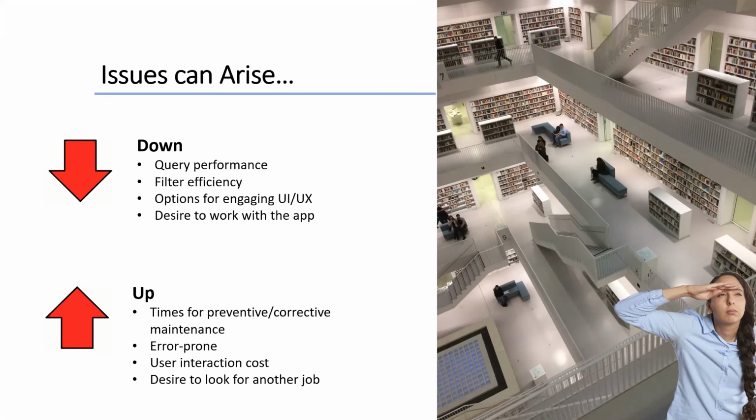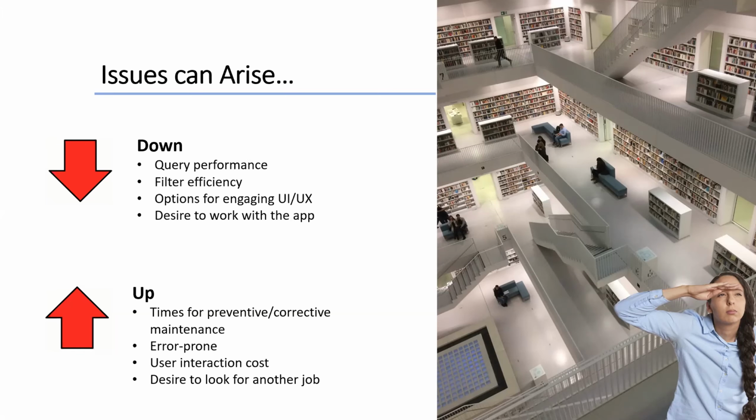The filter efficiency also gets a hit, because once you start complicating the amount of filters, the information that the user can get may not be the one they are looking for. It can get a bit complicated for them to get to the information they want to see, and that is related with the options for an engaging UI or UX.